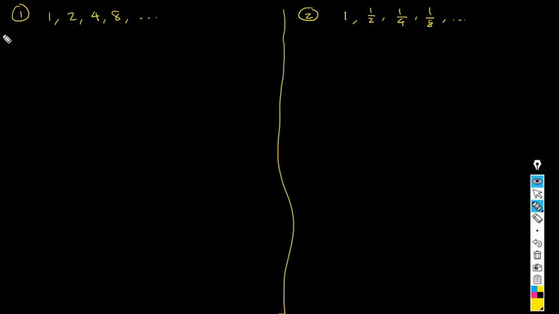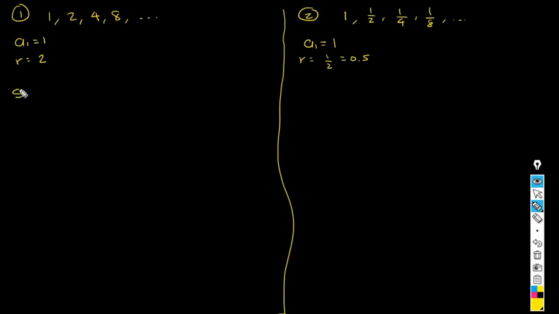For these two sequences, we have that their first terms are 1 for both of them, and the ratio in the first case is 2, and in the second case the ratio is 1 half, or 0.5. Okay, now we also talked about their series, right?